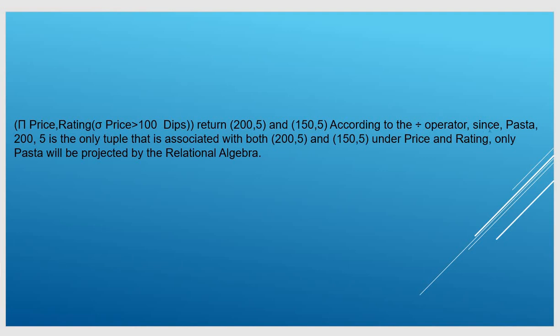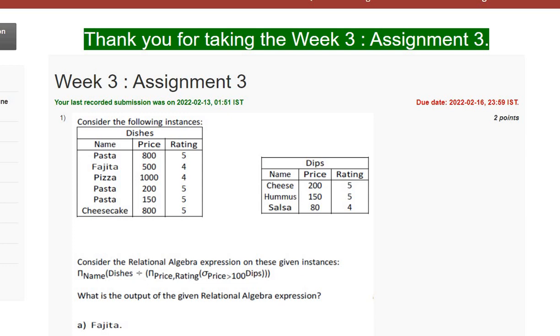Since pasta 205 is the only tuple that is associated with both 205 and 155 under the price and rating, pasta will be projected by the relational algebra, which is option B.